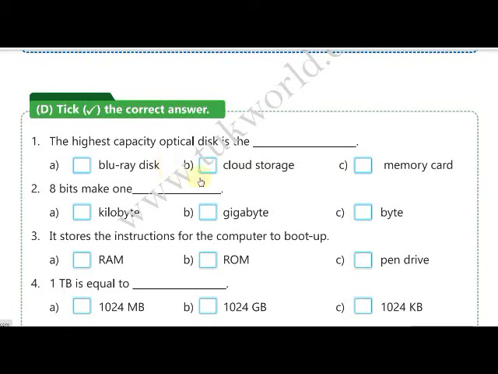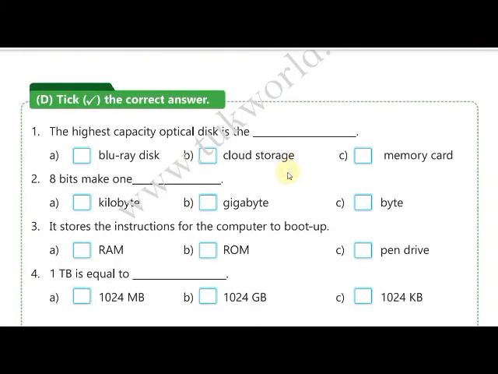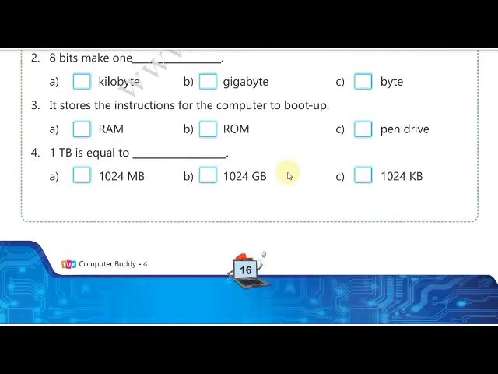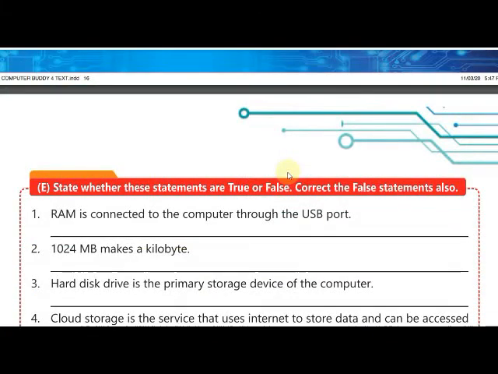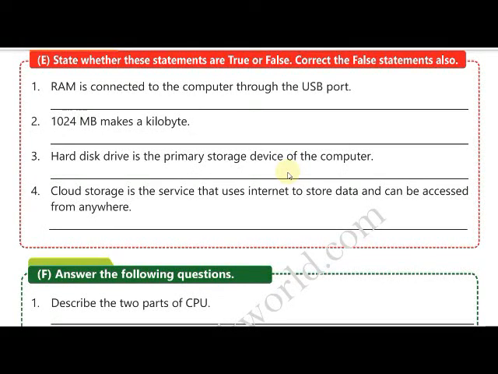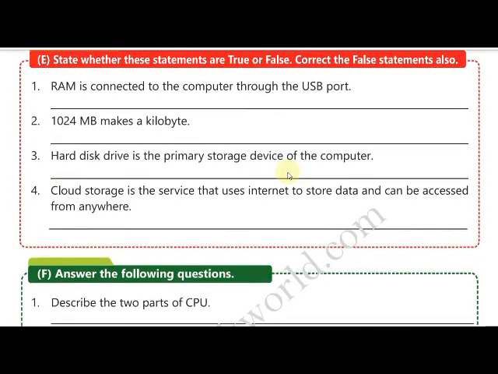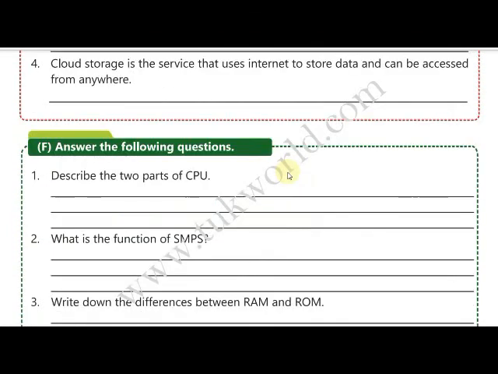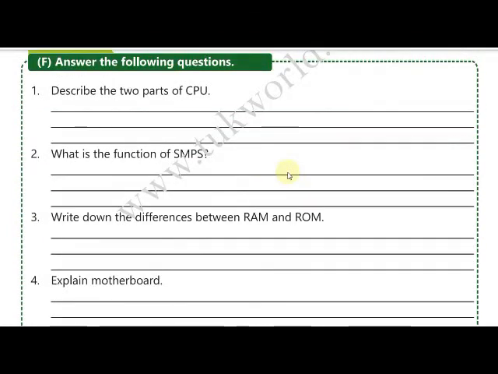That means multiple choice questions, you have to pick the correct one, you have to tick the correct one amongst three options, then state whether a given sentence or statement is true or false, then answer the following questions. That means you have to write in 2 to 3 lines.